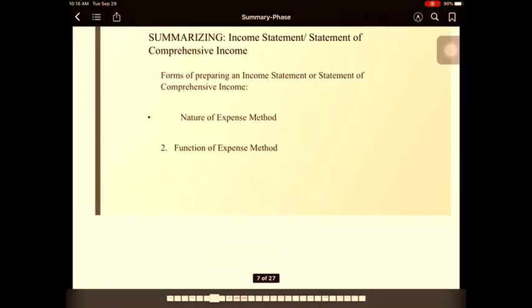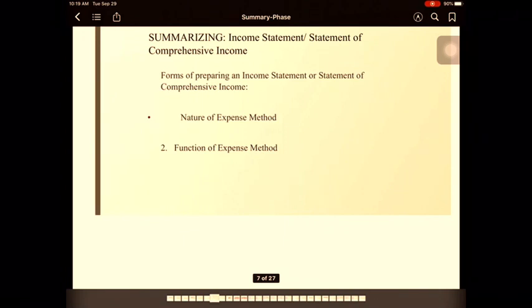Now, in preparing an income statement or a statement of comprehensive income, there are various ways to present it. We call them the forms of income statement or the forms of statement of comprehensive income. The two ways to present your income statement are the nature of expense method and the function of expense method.